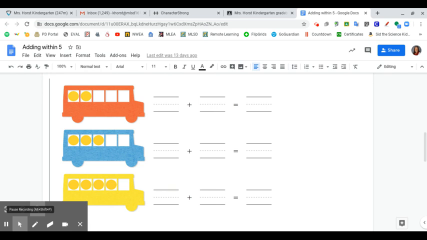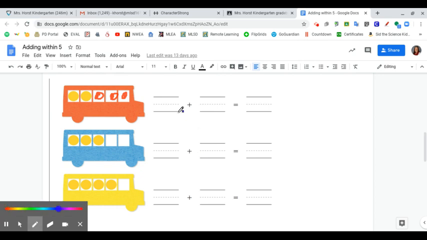How many children are there all together? So I would like you to take your counters and put three boys into the bus. 1, 2, 3. How many children are there all together?